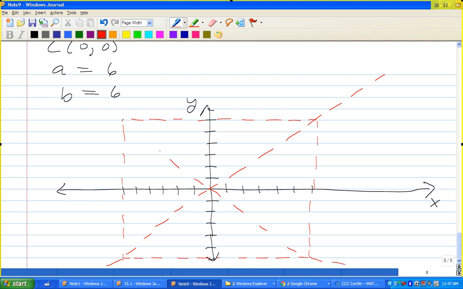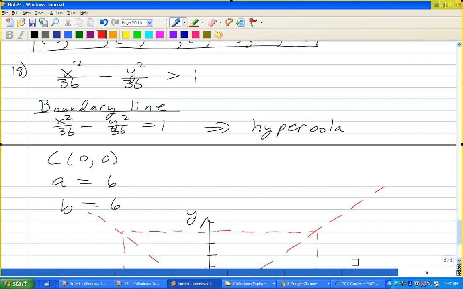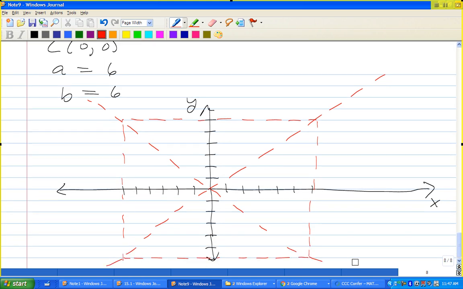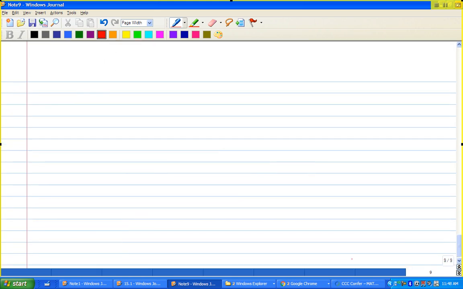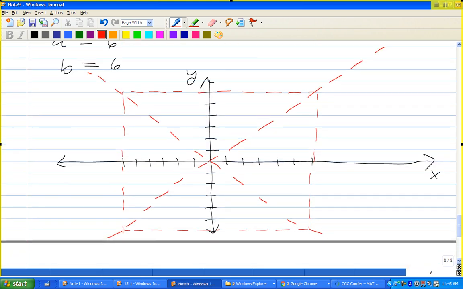The x is the one that has the positive. And so I have here my vertices.